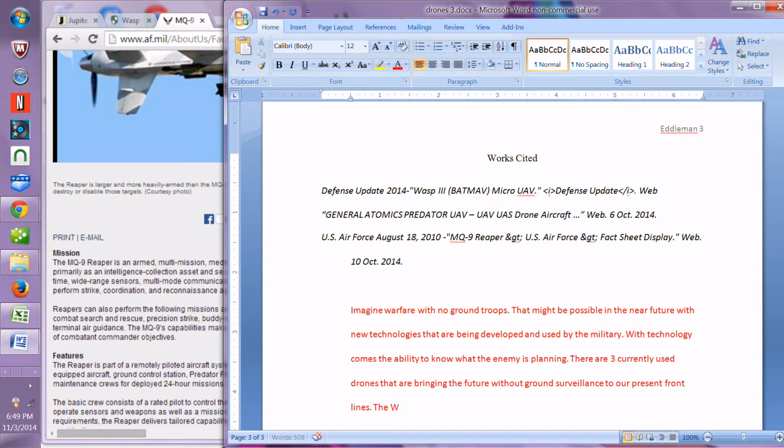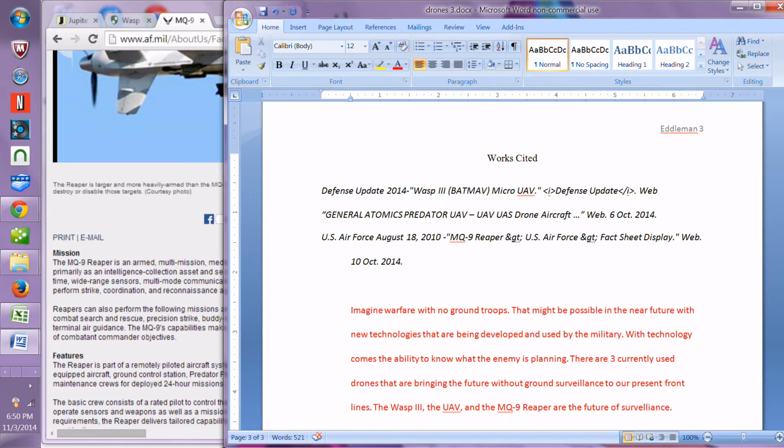The WASP 3, the UAV, and of course you would spell these out because it's the first time you've seen them, and the MQ9 Reaper are the future of surveillance.